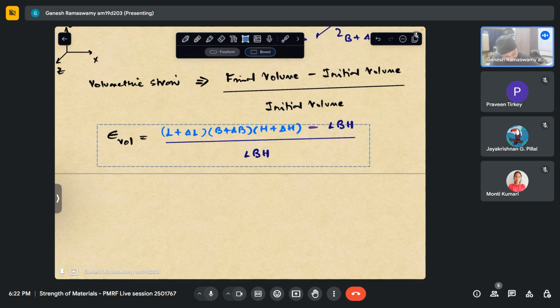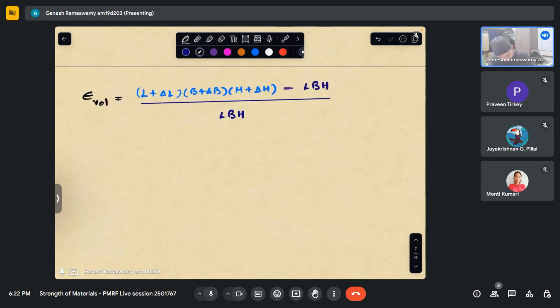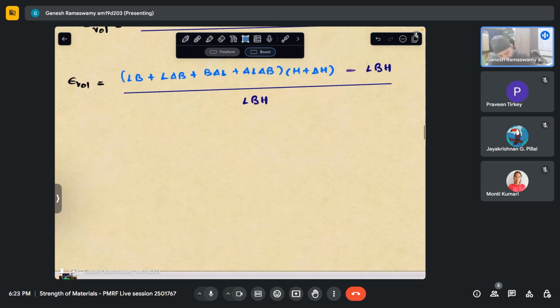So this is our volumetric strain. If I were to multiply this out, this is LB plus L delta B plus B delta L plus delta L delta B, into this quantity. The other quantities come as they are. Very well. So I'll again open this out.